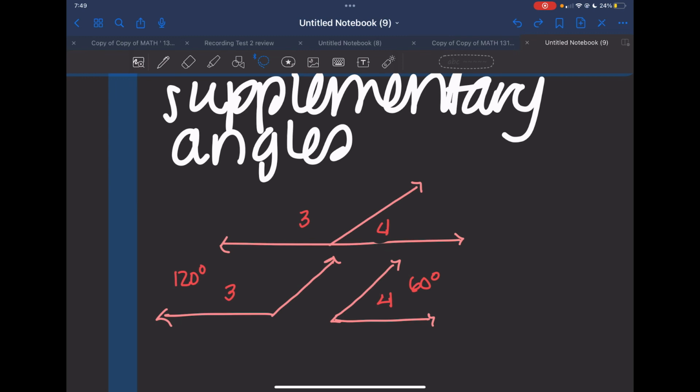So suppose we have angle 3, we assign it 120 degrees. That means that angle 4 would be the difference, 180 minus 120, which would be 60 degrees. They have to add up to 180. Or when you subtract one of the angles from 180, you're going to get the value of the second angle.